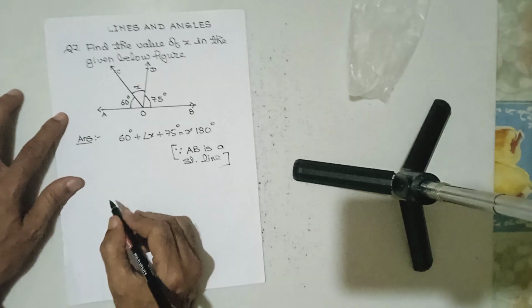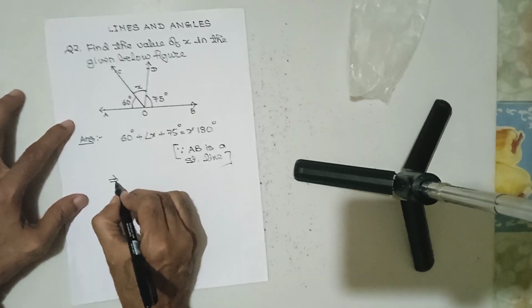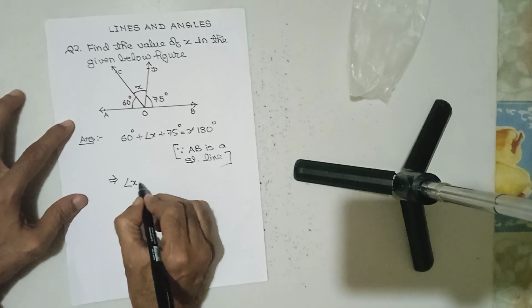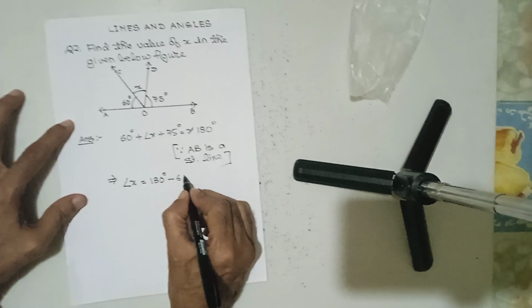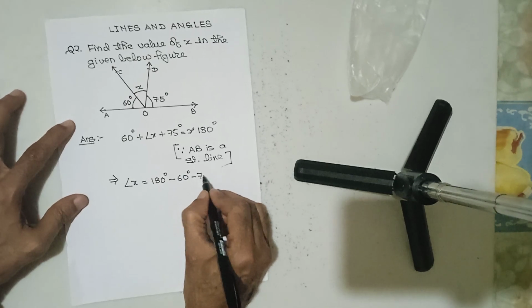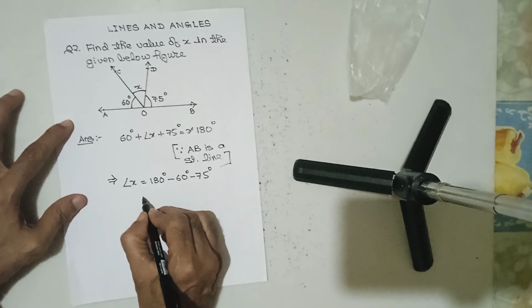Then from the simple equation we get angle x is equal to 180 degrees minus 60 degrees minus 75 degrees.